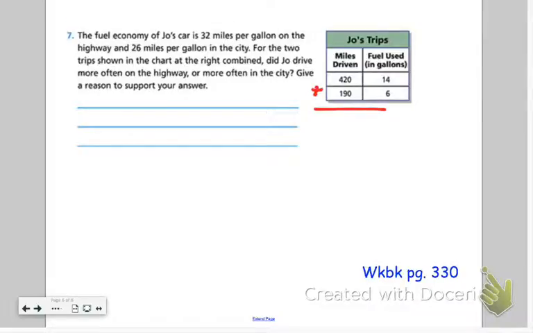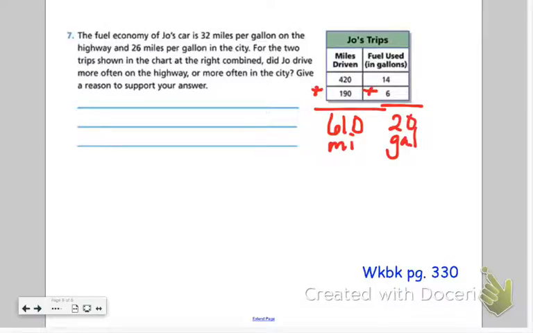Total miles driven, 420 plus the 190. That means I have a total of 610 miles traveled here. And if I add up the fuel used in gallons, 14 plus 6, that's 20 gallons of gasoline. So 610 miles total on 20 gallons of gasoline.